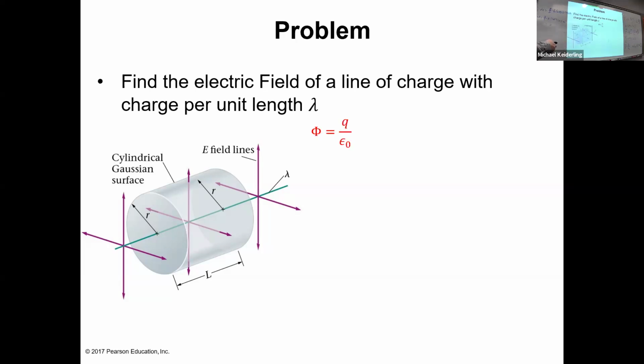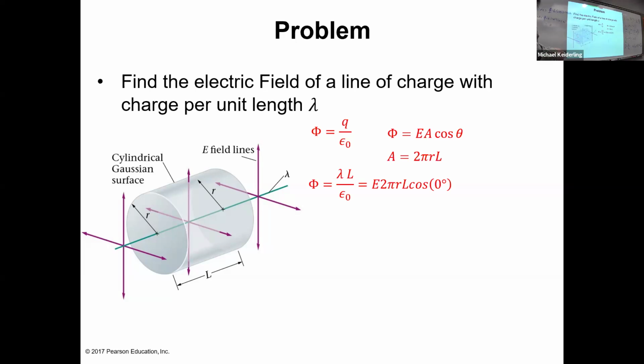So our total flux is going to be the charge enclosed divided by epsilon naught. That flux is going to be electric field times area times cosine of theta. The area that is relevant is the side of the cylinder, which is 2 pi r times the length. The total charge is going to be lambda times the length.